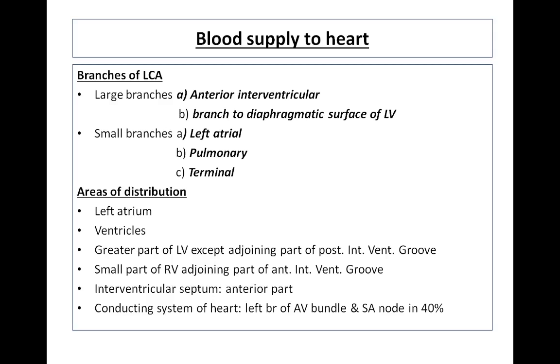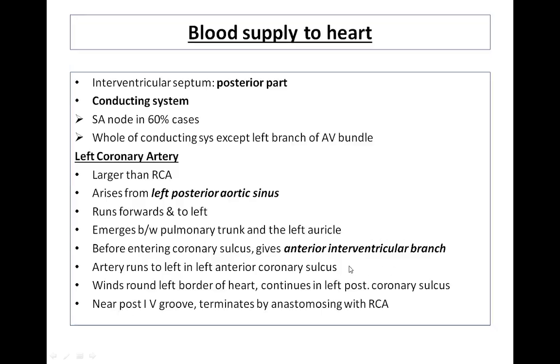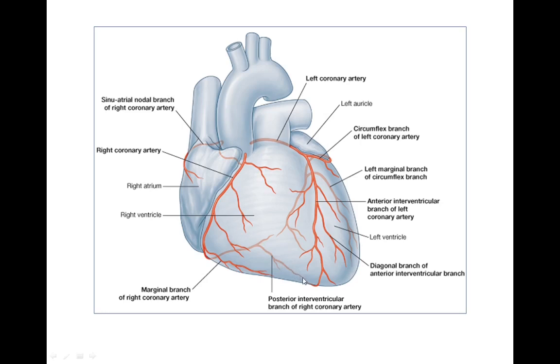Which part of the ventricle is supplied by the right coronary, and which part by the left coronary? The right part I have already said. Now the left ventricle. The greater part of the left ventricle is supplied by the left coronary, except the adjoining part of the posterior interventricular groove, where our posterior interventricular branch of the right coronary is present over the diaphragmatic surface.